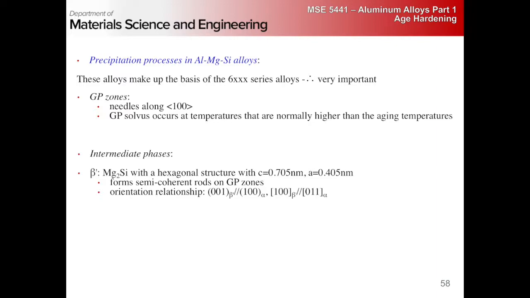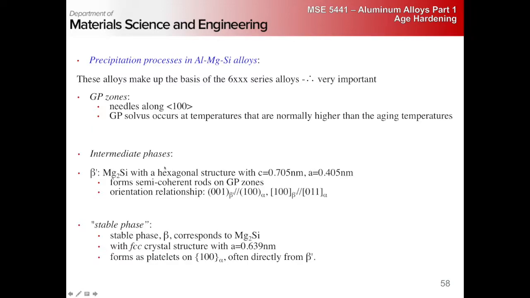It forms coherently, and it nucleates from the GP zones. Aha! So that's one distinct difference between aluminum magnesium and aluminum magnesium silicon, the fact that we can now nucleate these other intermediate phases on the GP zones. Means that we have a much better shot of getting a nice fine dispersion.